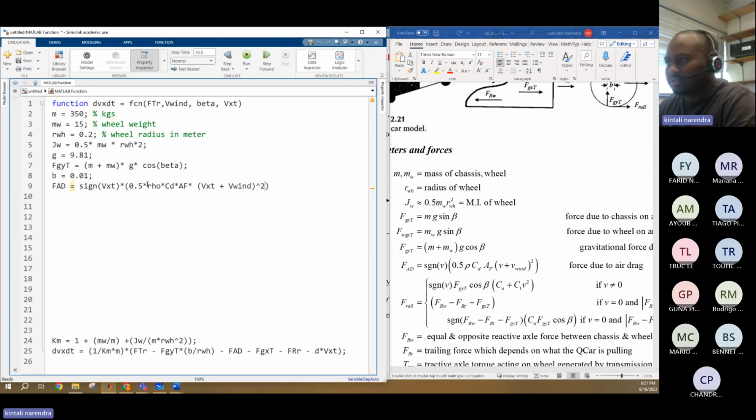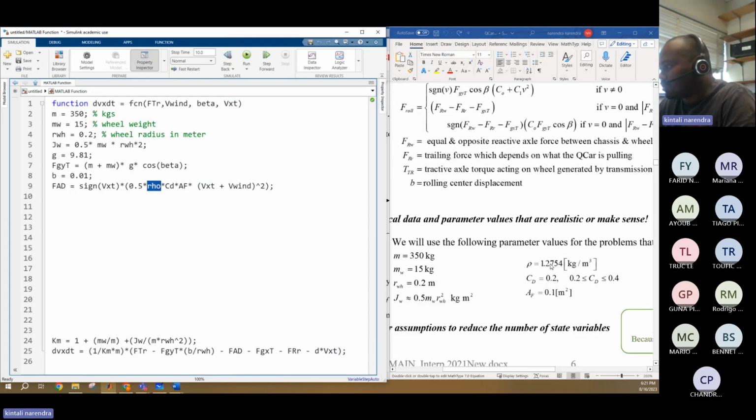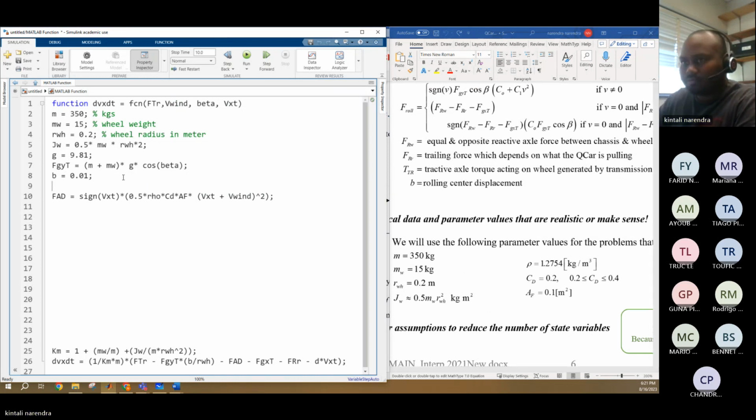So this is the equation for FAD. Here you have VXT, you have 0.5, you don't have rho. So go here, rho is 1.2754. So define that. Okay, this is good.